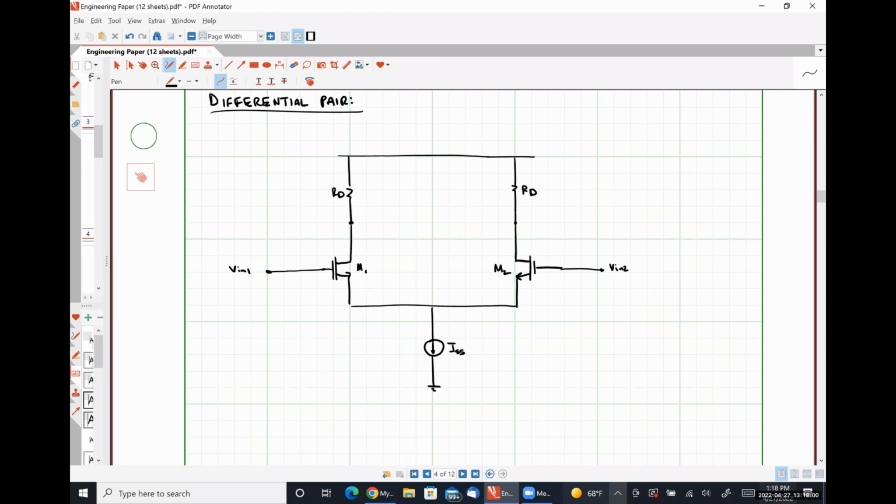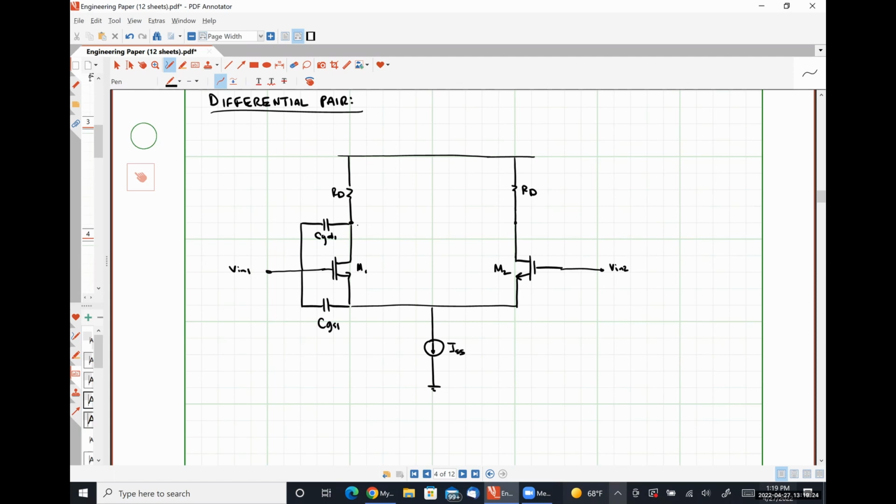Now let's start throwing in our capacitances. So between our gate and our drain for M1, we would have CGD1. Between our gate and our source for M1, we would have CGS1.